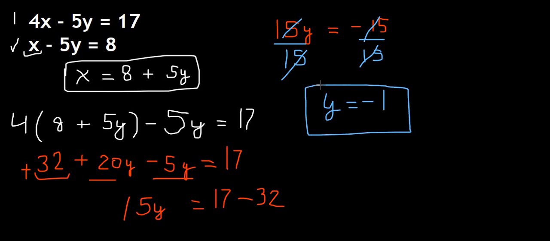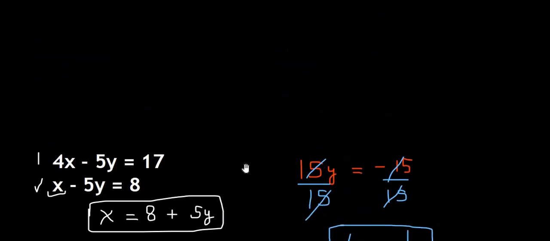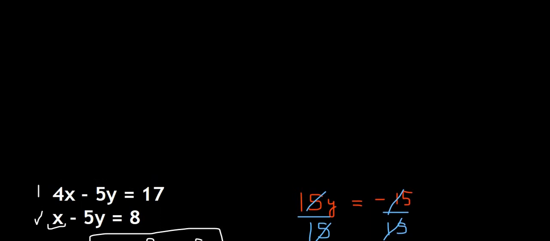Now we have to put this value in equation 1 or 2. It's your choice. Let's choose equation number 2 this time. So we're going to go up, and now we're going to write x minus 5 into the value of y, which is minus 1, is equal to 8.